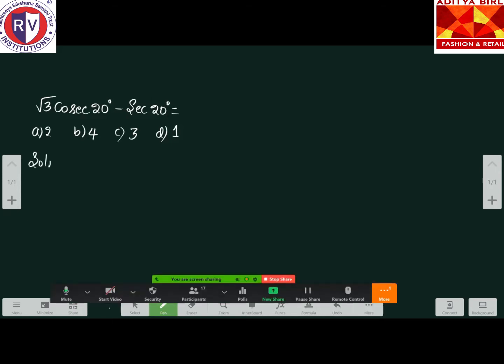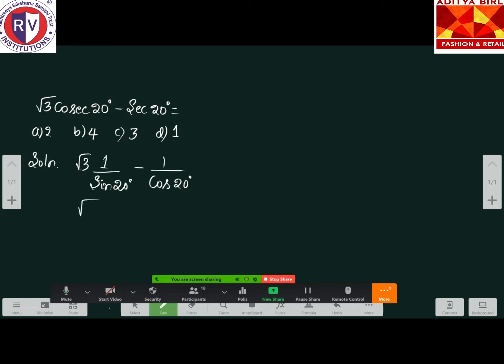So this will be root 3 into 1 by sine 20 degree minus 1 by cos 20 degree. Okay, so let us take the LCM and simplify.